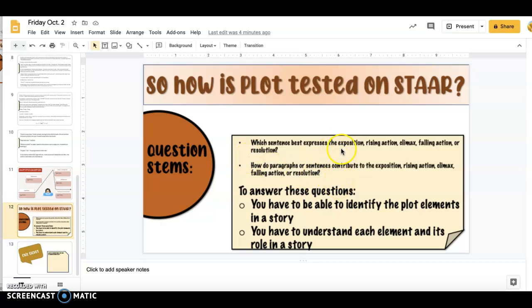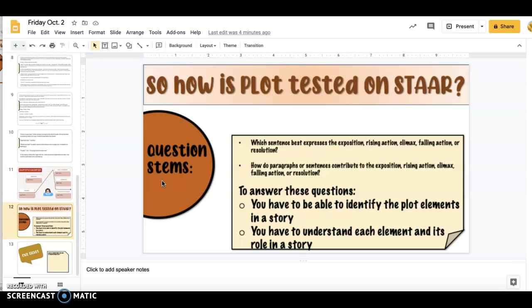In order to answer these questions, you have to be able to identify where in the story the exposition, the rising action, the falling action, or the climax is. You need to be able to know where it's at in the story. That's why we're practicing so much.